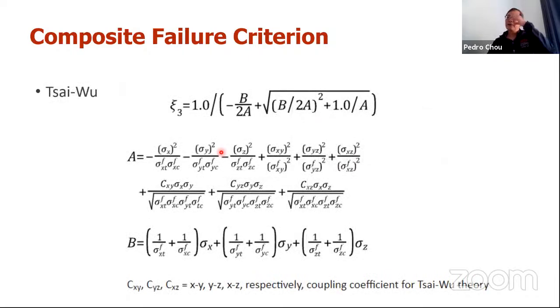Then you have a more comprehensive failure criteria, Tsai-Wu, which is probably one of the most widely used failure criteria for composites. Okay, so here you can combine the normal stresses with the shear stresses as well.